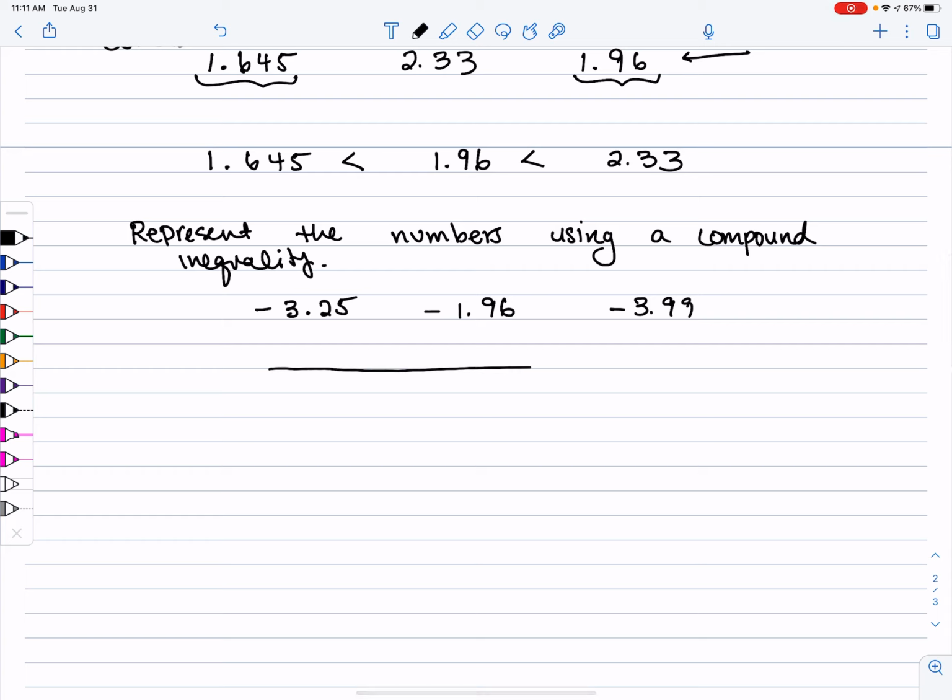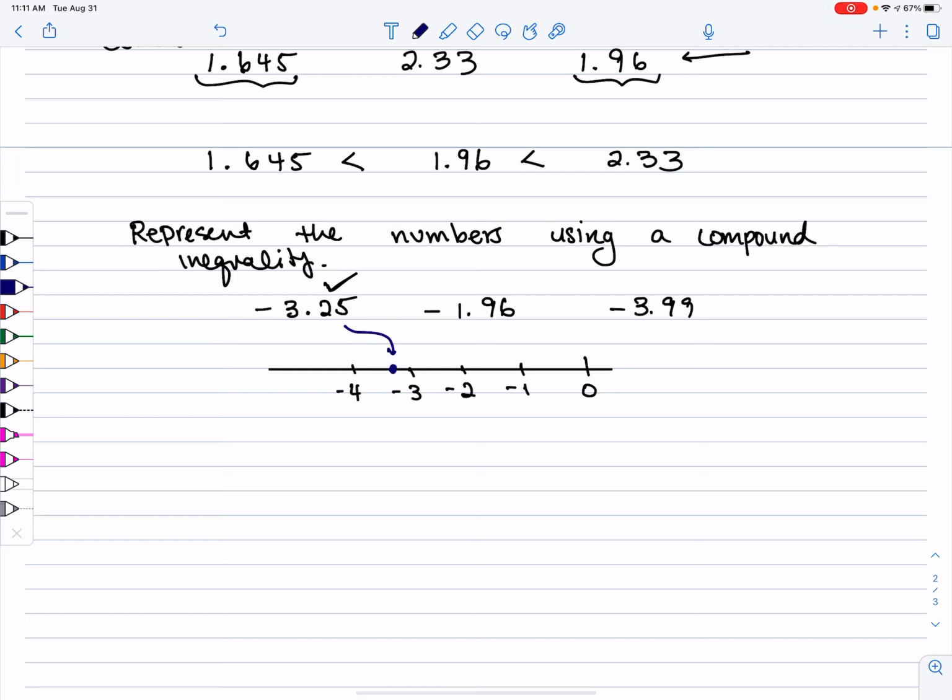What I like to do, you might not need it, but I'm going to do it so that we can review a couple of things. I'm going to draw a number line and then plot these numbers on it so that I can compare them. We'll start with 0, negative 1, negative 2, negative 3, and negative 4. Negative 3.25 will be between negative 3 and negative 4, but closer to negative 3.